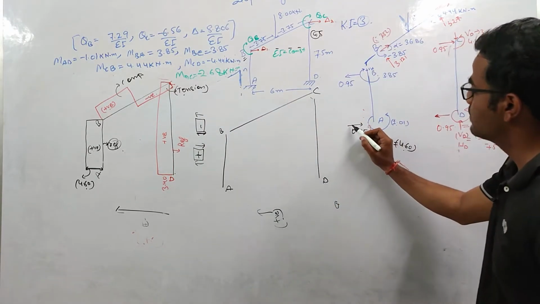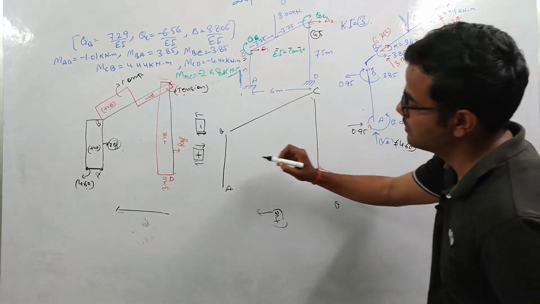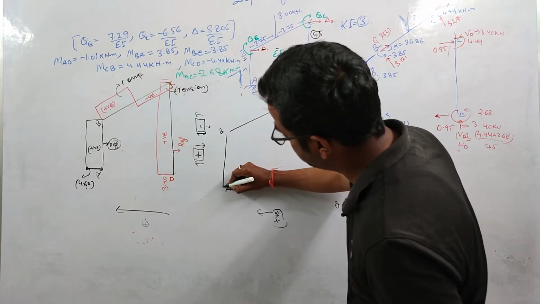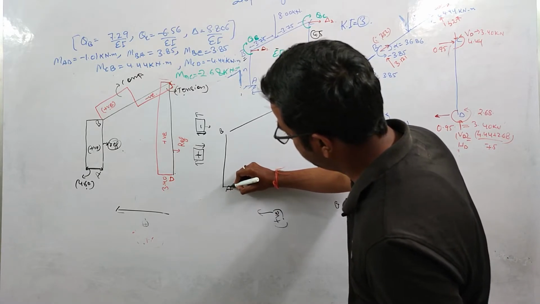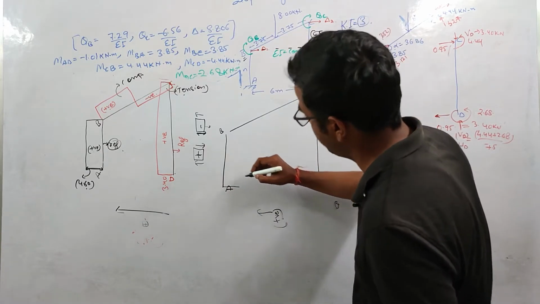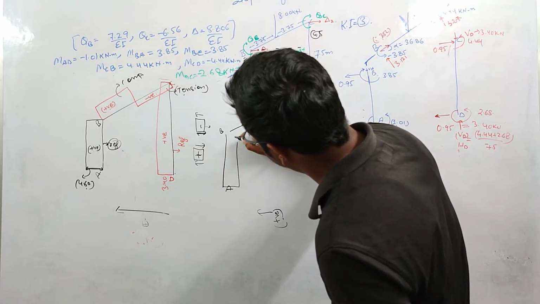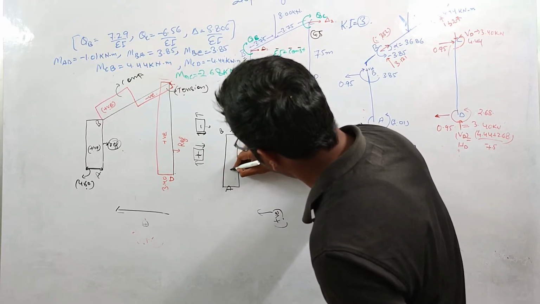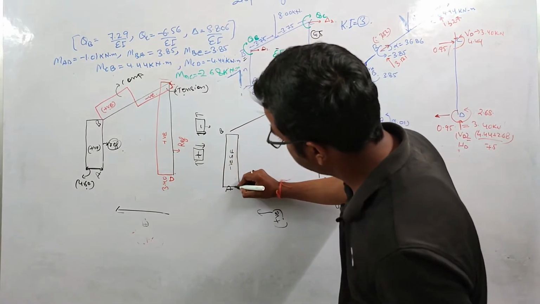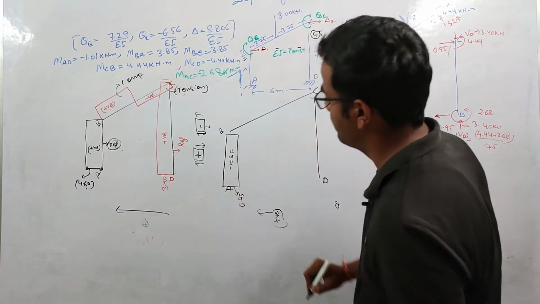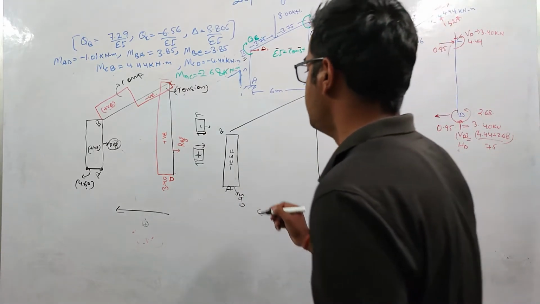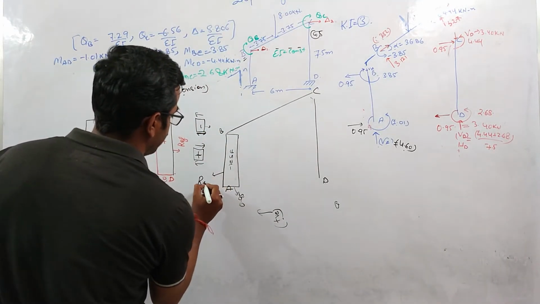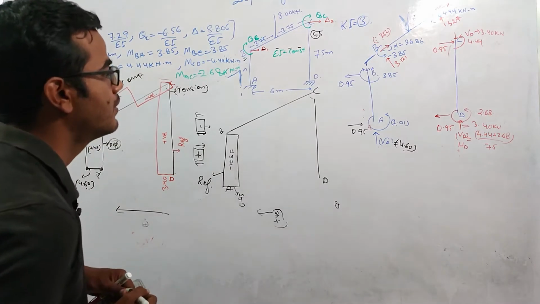So here you can see that this force is acting in this direction, so it is resembling this case, so it will be negative and it will be drawn below this reference axis. This value is 0.95, so it will go there and it will come to 0. This is negative shear force, this value is basically 0.95, right. This is the reference axis, or you can say the member.